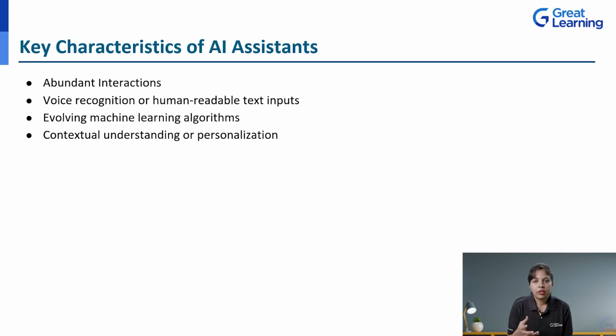For example, in Claude, suppose you mention as a prompt that you want information only in 3 lines or in a paragraph. If you gave this requirement 2-3 times, the 4th time it will by default give you the information in 2-3 lines only. That's a small example of personalization. It understands the context in which you are trying to interact, extract information, or complete a certain task using that AI tool. So these are the major key characteristics of AI assistants.